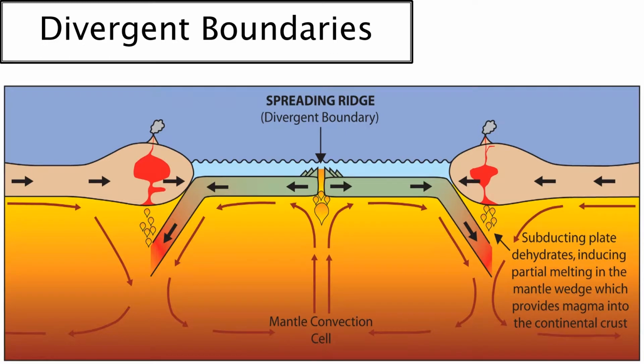So we're going to start off with divergent boundaries. Now, this is a linear feature that exists between two tectonic plates that are moving away from each other. These areas can form in the middle of continents or on the ocean floor. Now, as these plates pull apart, hot molten material can rise up this newly formed pathway to the surface, causing volcanic activity.